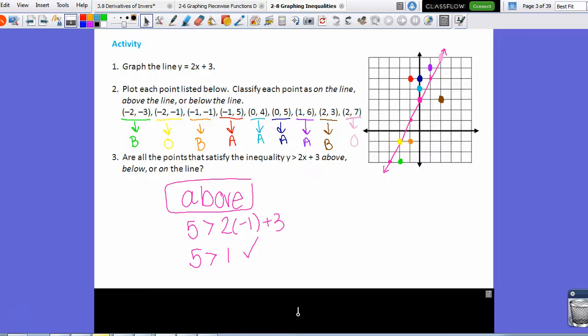What would have to change, Lucas? Exactly. So for that case to happen, I would need y greater than or equal to 2x plus 3. And that's exactly what we're going to be talking about: when and what makes different equations true.